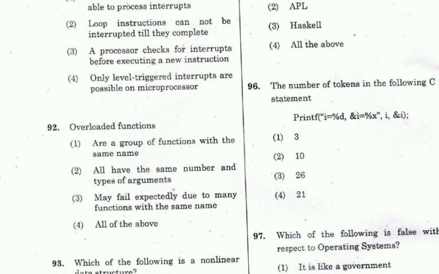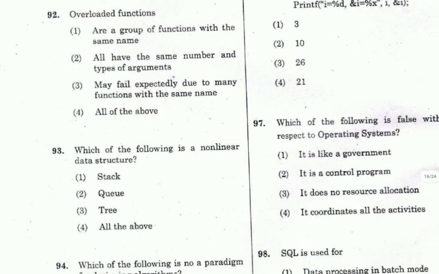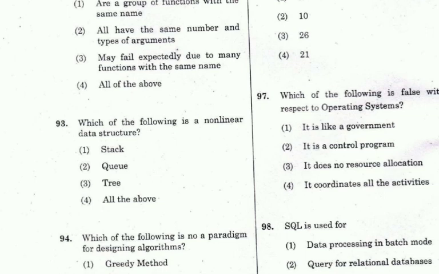Which of the following is a non-linear data structure? So we know that tree is a non-linear data structure. Linear data structures store elements sequentially while non-linear data structures have hierarchical relationships. Stacks and queues are linear data structures whereas trees are non-linear. Next one.